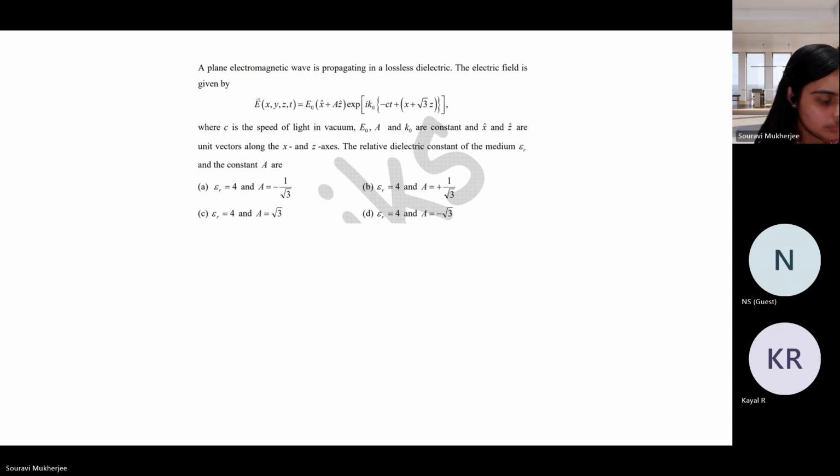Any idea? If I just look at it, what should be the wave vector? Can you tell me by looking at this expression?